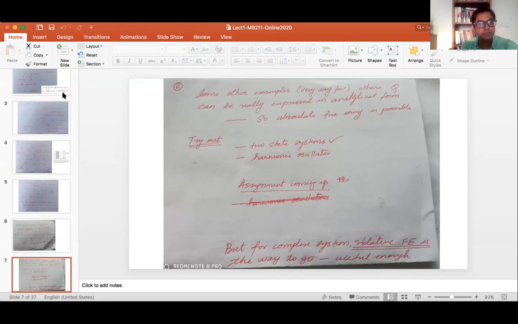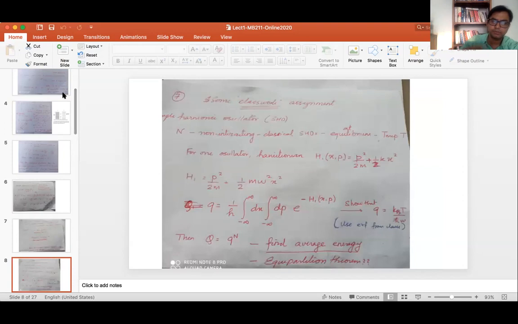And I asked you to look at a couple of other examples on your own volition by going through some of the StatMech or StatThermo or molecular simulation books, for example a two-state system, and also harmonic oscillators, where you write the Hamiltonian and then write the partition function from the Hamiltonian.